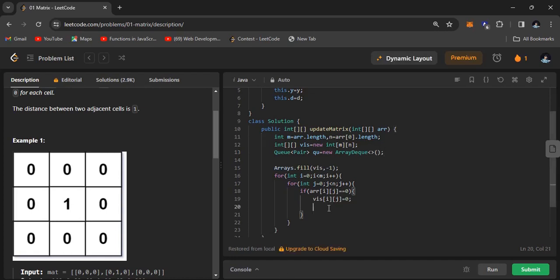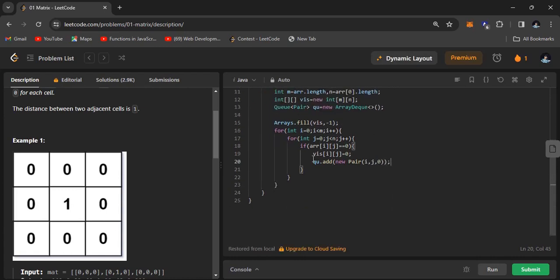Now put queue dot add new pair ij comma 0. That means for this ij the nearest 0 is at distance 0.